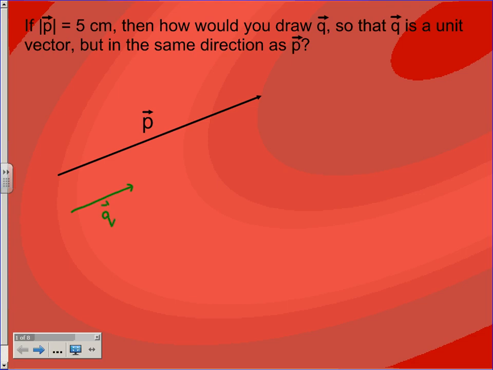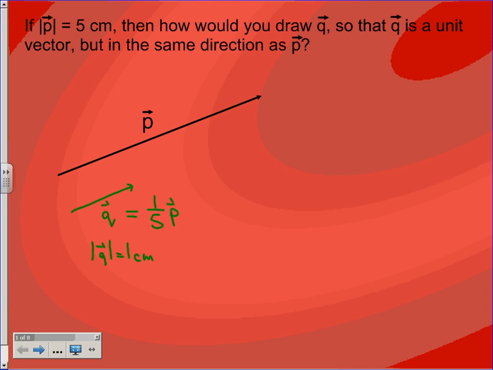And it would have to be 1/5 of the distance, wouldn't it? If vector p is 5 centimeters, I need vector q to be 1 centimeter. So that's how you would technically draw it. What's actually important, what I needed you to notice here, is I could write it like this: vector q is 1/5 vector p.